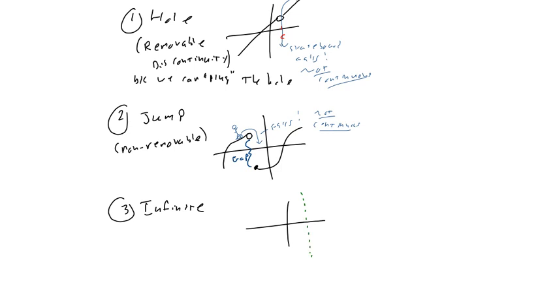So say we have a graph that goes like this and then like this. So here we have a vertical asymptote. An infinite discontinuity is also non-removable.